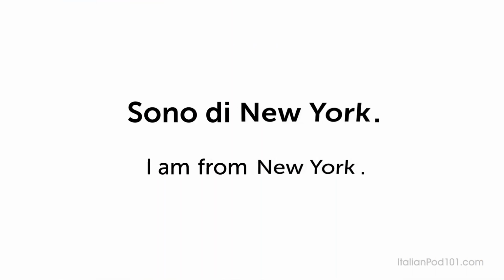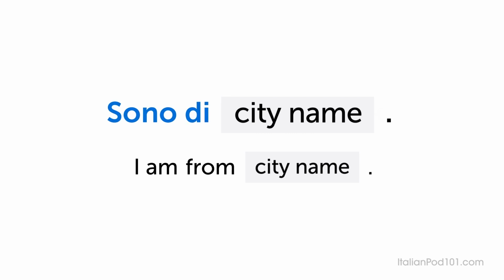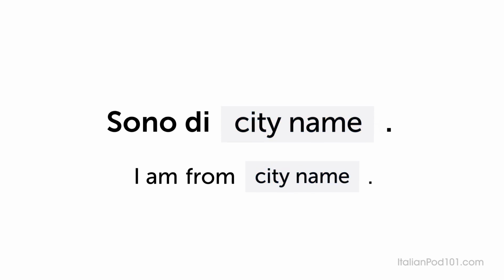The pattern is sono di, city name, I am from city name. Note, this pattern works only with the names of cities, villages, or towns. To use this pattern, simply replace the city name placeholder with the name of your hometown city.